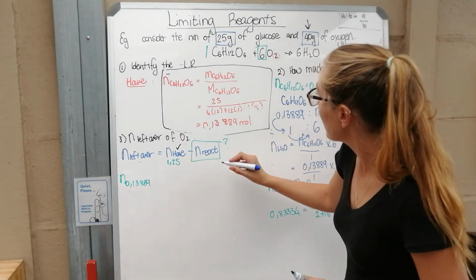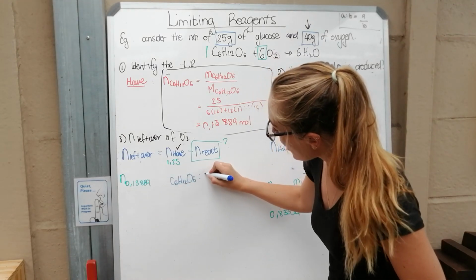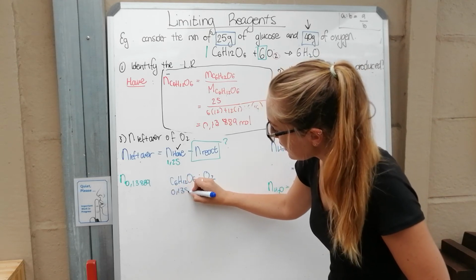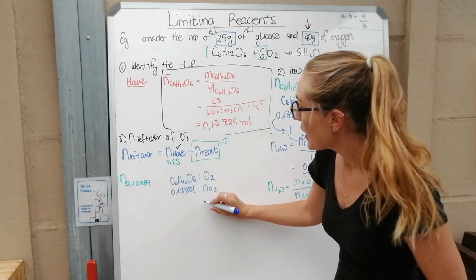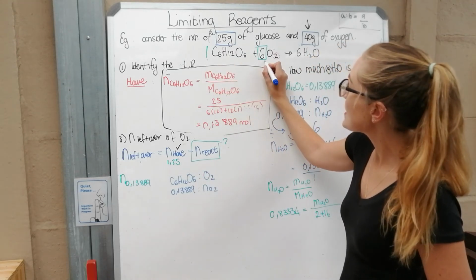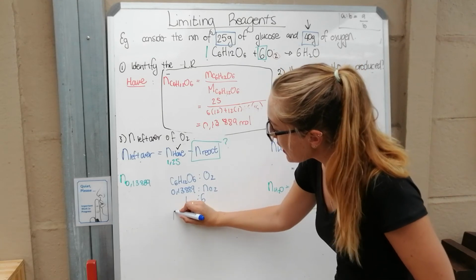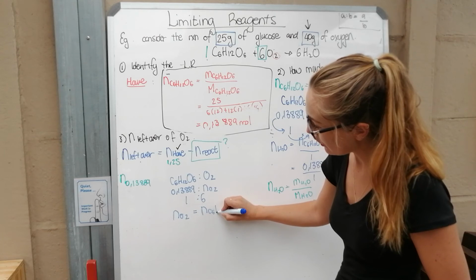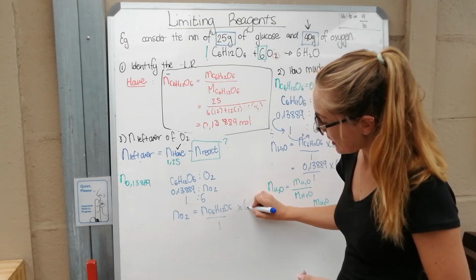Okay, so we're saying glucose to oxygen is 0,13889 to the moles of oxygen that react, which is a 1:6 ratio. Which means to determine the number of moles of oxygen that react, we take the number of moles of glucose, we divide by 1, and we times by 6.